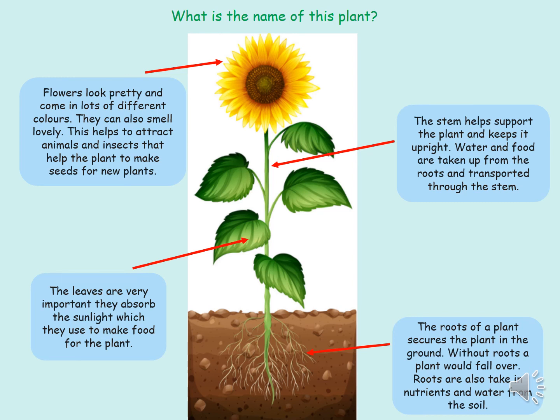You have learnt the flower, the roots, the stem, and the leaves. And as well as naming the different parts, you have also learnt the function of what these parts do and why these parts are important.